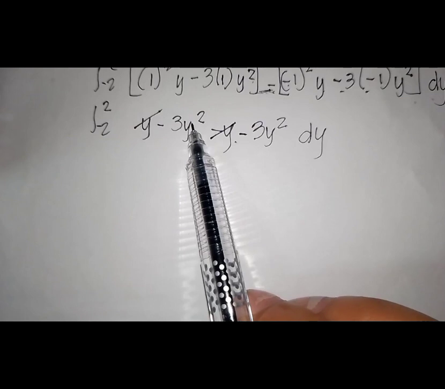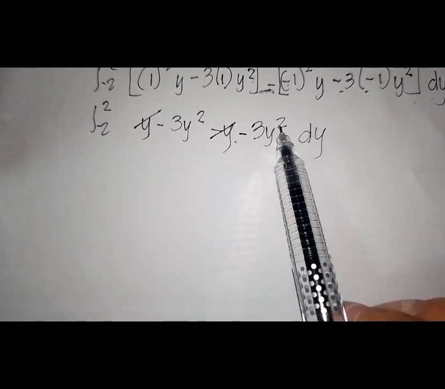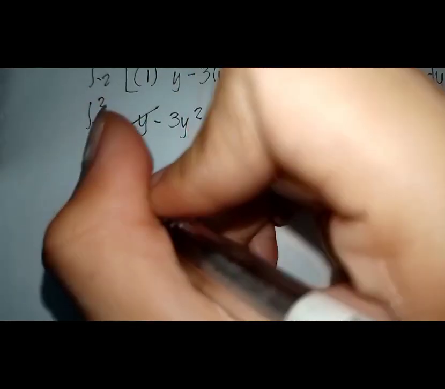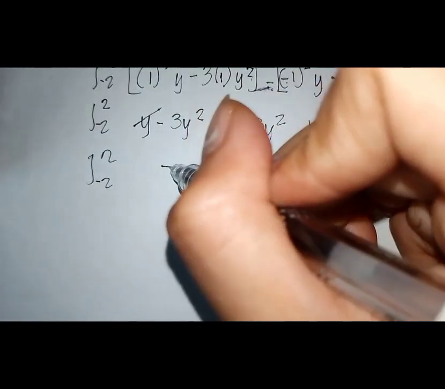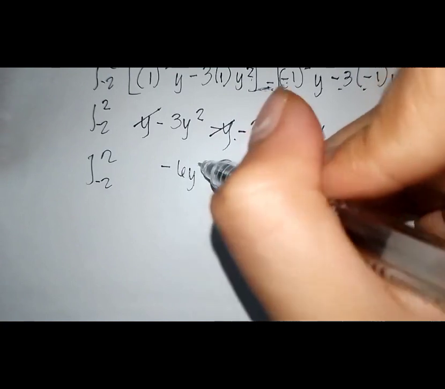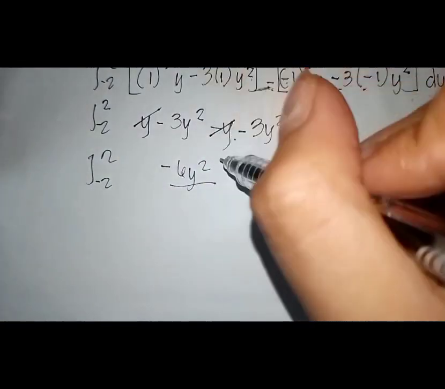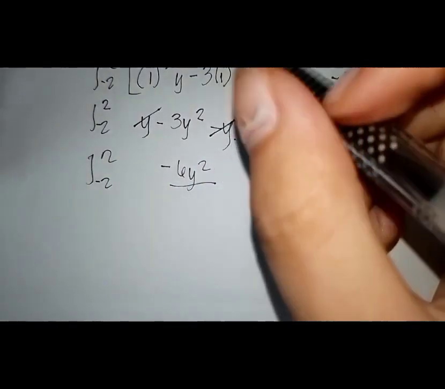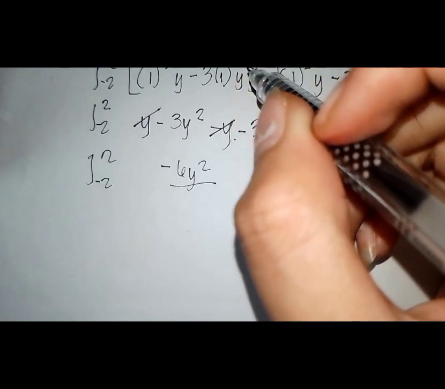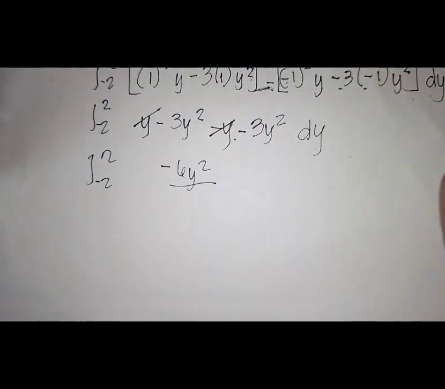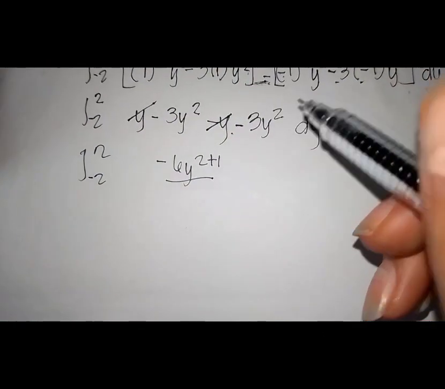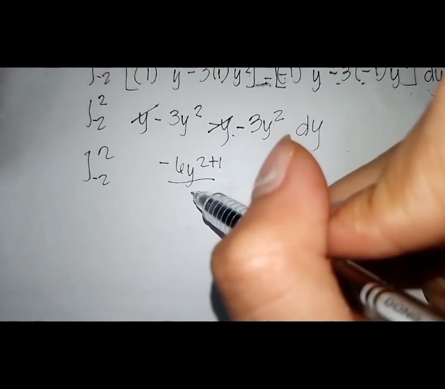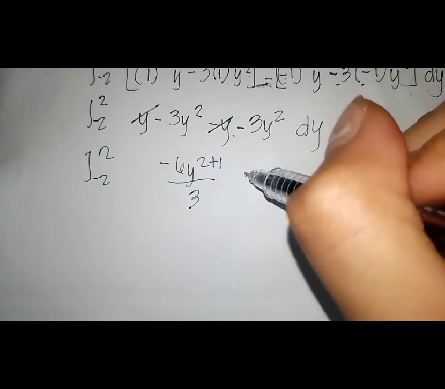Negative 3y squared minus 3y squared dy is equal to the integral of negative 2 to 2 of negative 6y squared dy. Since we will now be integrating with respect to y, we add 1 to the exponent, so it will become 3 in the denominator.